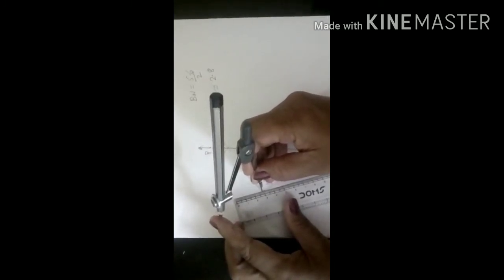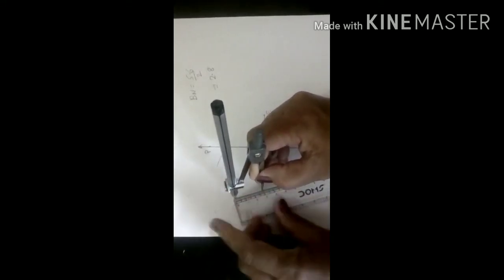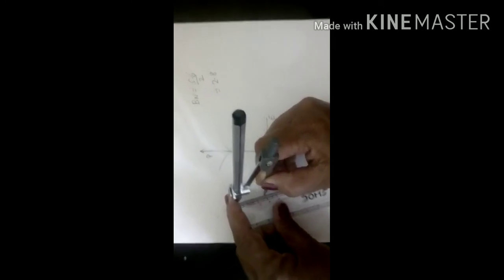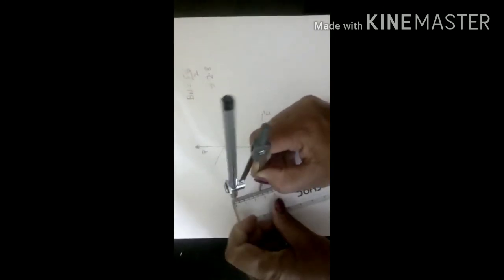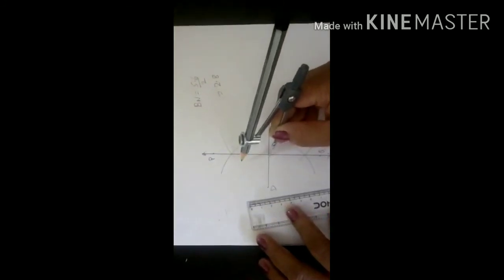So let us see. Taking the measurement of 2.8, we will draw the arc this side, upper side and also lower side.